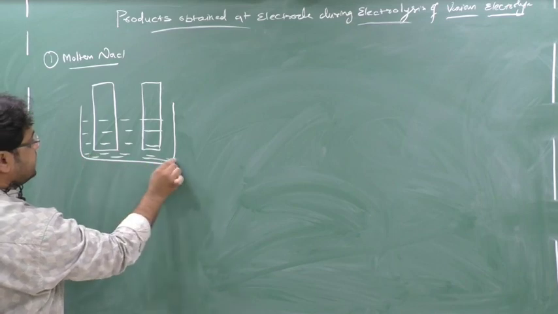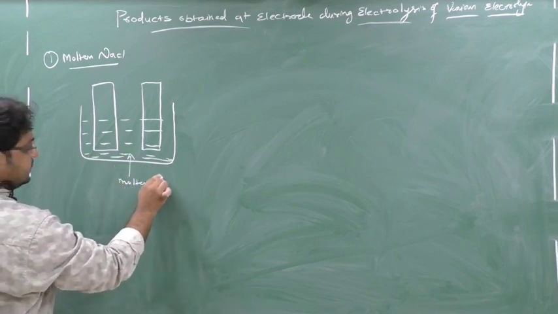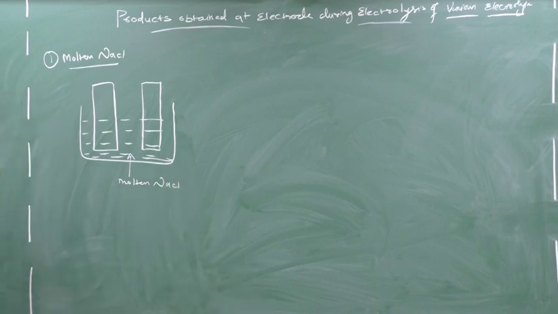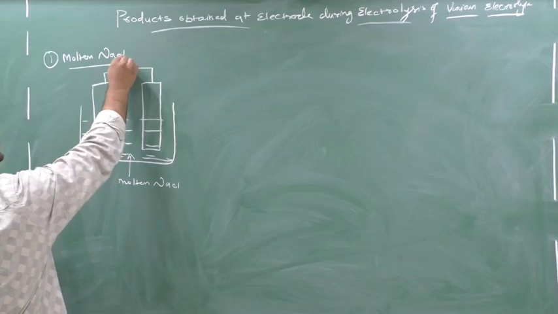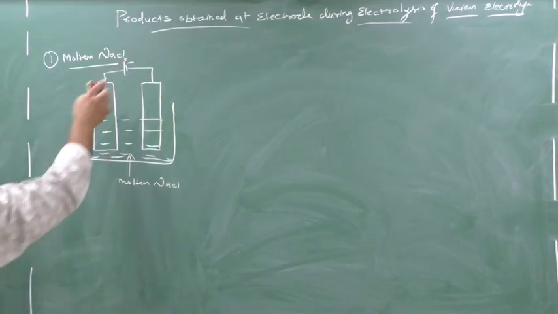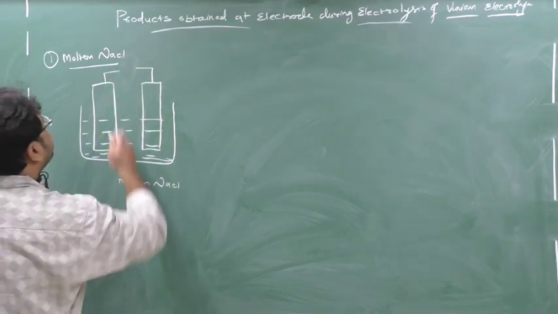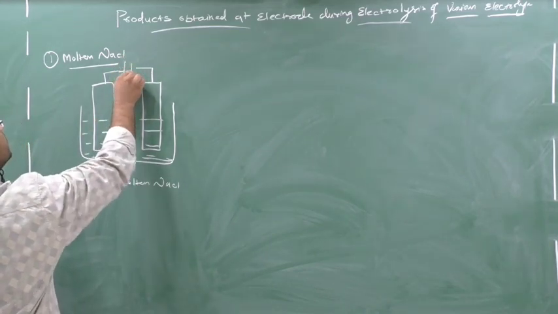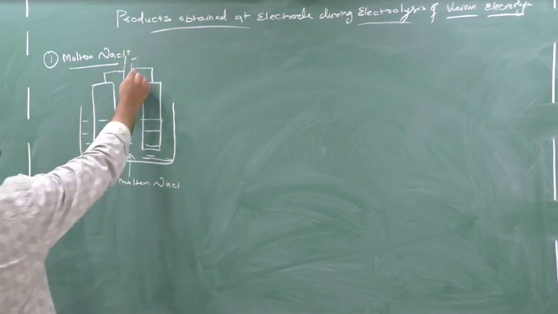In this beaker I will fill molten NaCl, and I will connect it through a battery. So you know this is a positive charge and this is a negative charge.